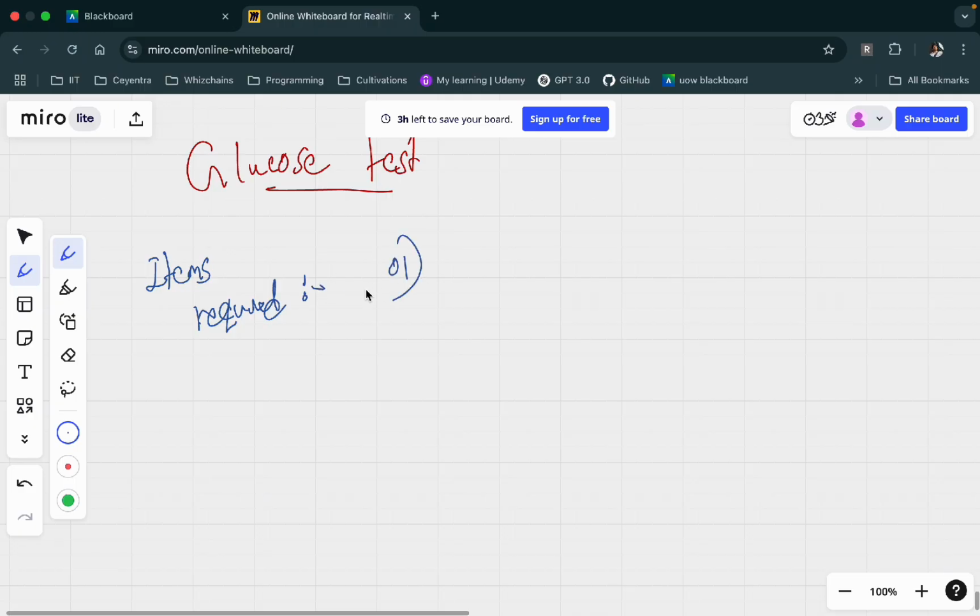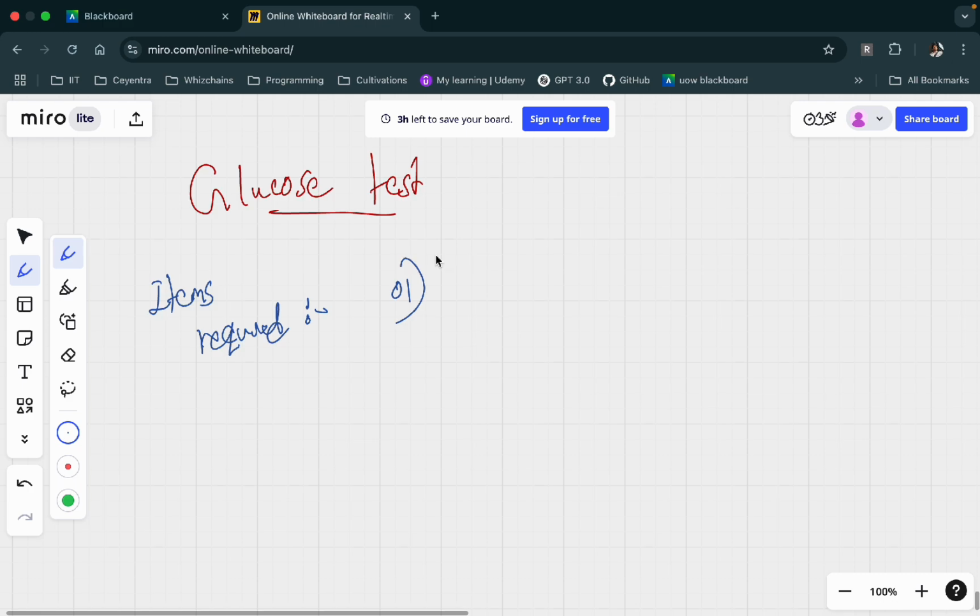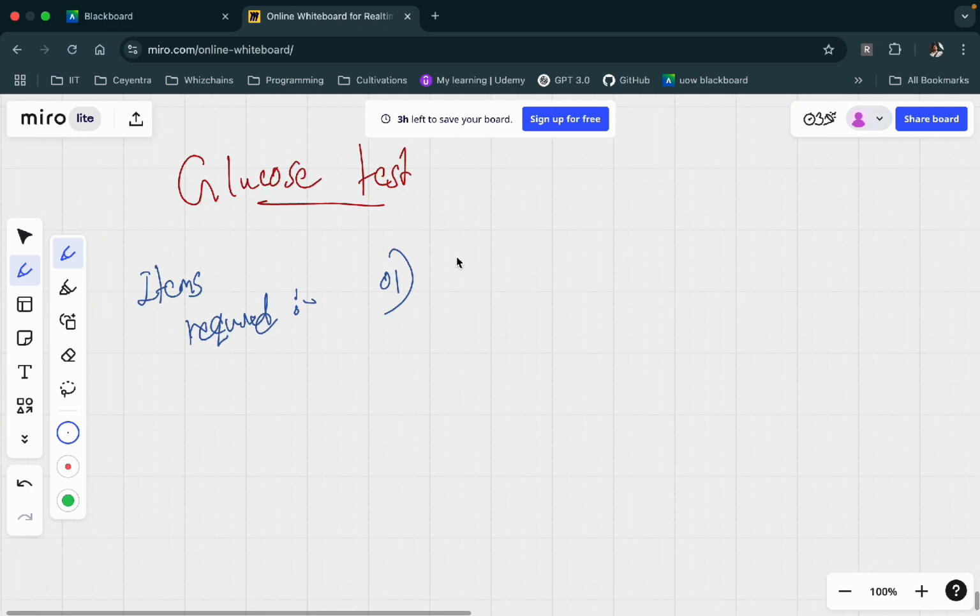So here are the items that we require to test for glucose. We need a boiling tube, then a glucose solution.